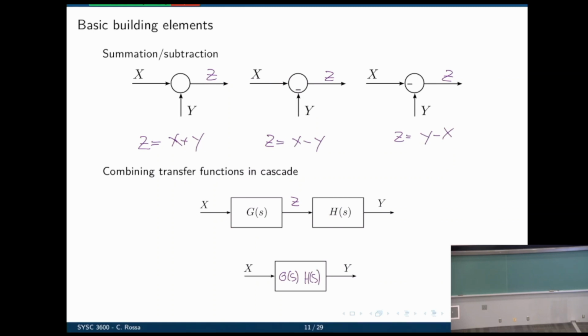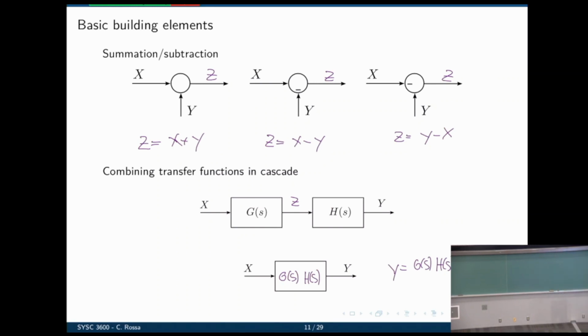The signal is in line. And now we can write that Y equals G of S times H of S times X of S. Does that make sense?